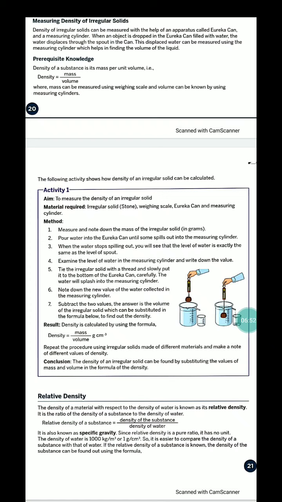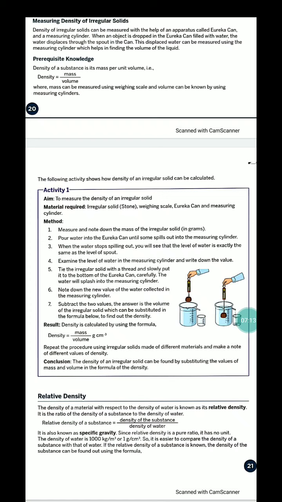Tie the irregular solid with a thread and slowly put it down to the bottom of the eureka can. Carefully, the water will splash into the measuring cylinder. Note down the new value of the water collected in the measuring cylinder. Subtract the two values.